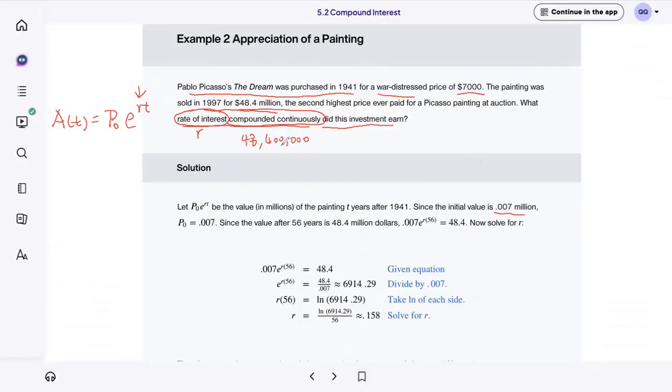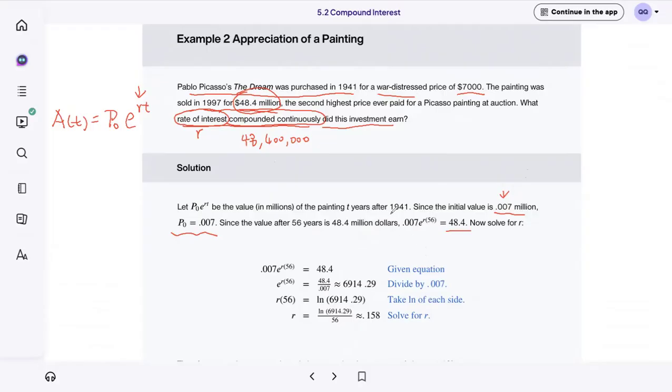You can either convert this into dollars or you convert the dollars into millions. So in this case, we convert dollars into millions. So we have 0.007 million for $7,000. So we just plug in, and we are given about 48.4 million after 56 years, so 1997 minus 1941.